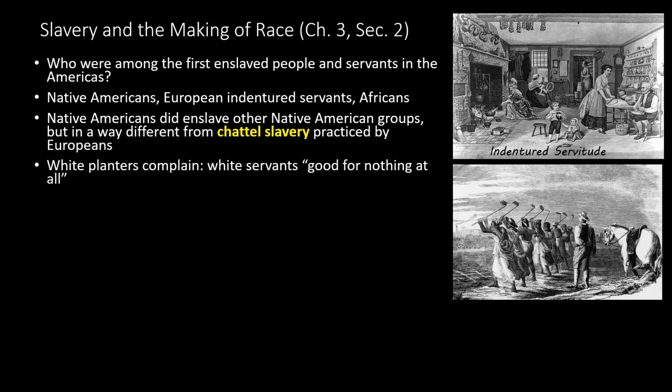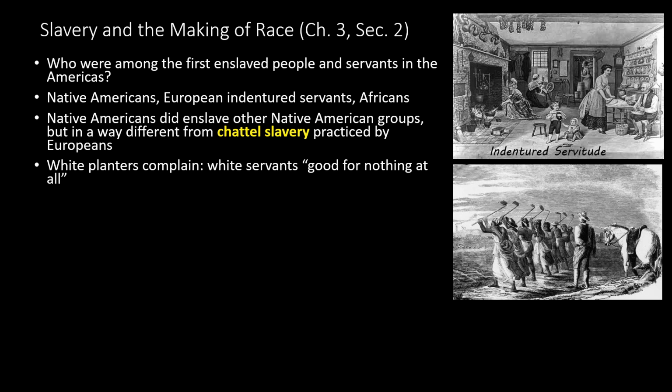Okay. Another thing to keep in mind, what also contributed to this transition towards solely relying on non-white laborers, is that you also had white planters complaining that white servants were, quote, "good for nothing at all." And this was due to many factors.